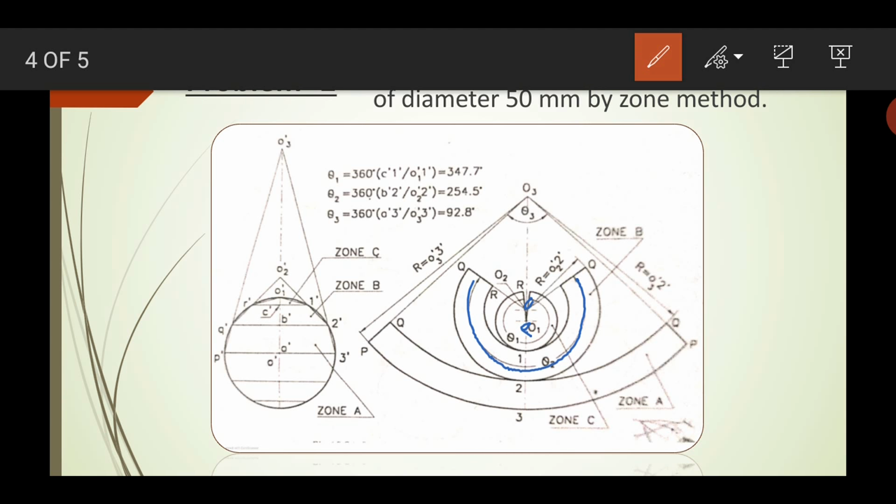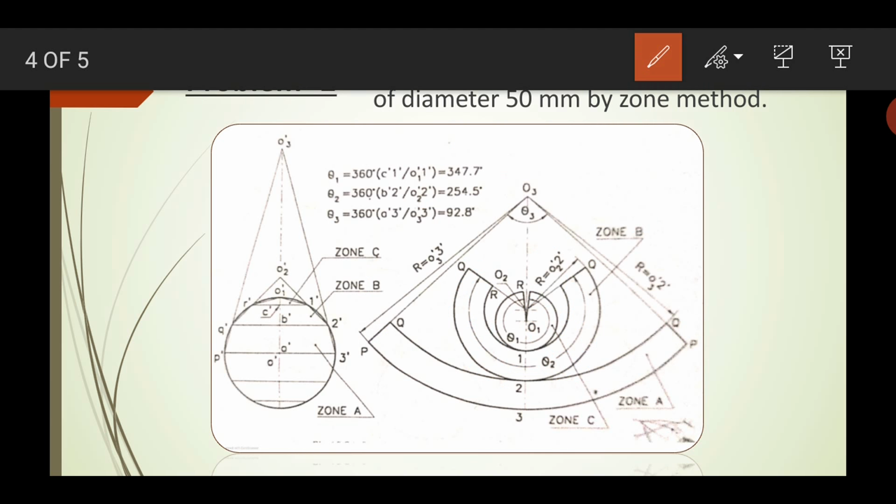How do you get the radius? Here you can see the radius: O2 R is equal to O2 dash and 2 dash. O2 dash and 2 dash is the radius, and you pick that radius, mark it and draw it. This is a little bit confusing, and I hope you will understand it clearly if you take it in a separate way.